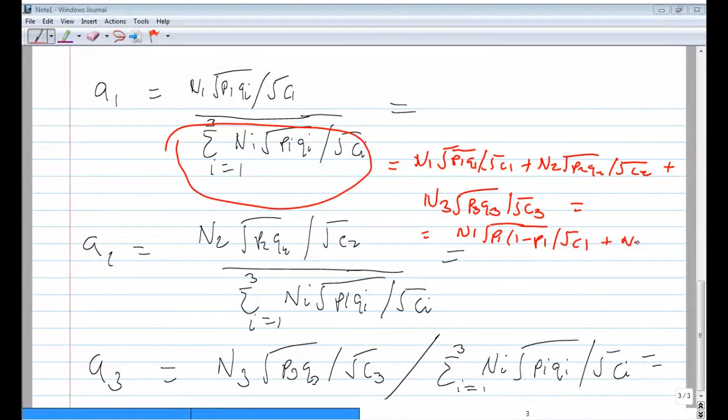Then you do the same for N2, P2, 1 minus P2, then you divide by the square root of C2. Then N3 square root of P3, 1 minus P3, divided by the square root of C3.